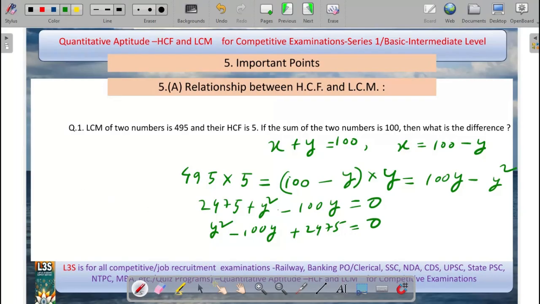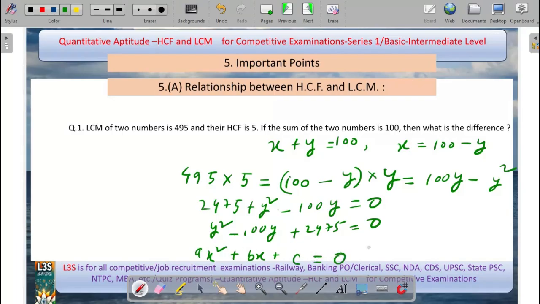Now we know the formula for the ax square plus bx plus c form.